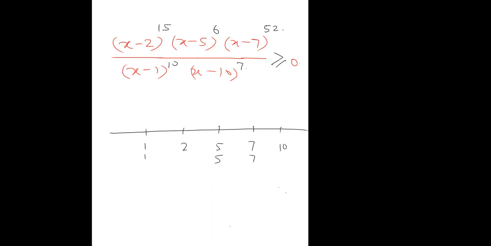Any number greater than 10 is positive, then negative, then negative, positive, then positive. We required positive, so this. Let me check open and close. Exactly at 2 this will be closed, at 5 closed, at 7 closed, and the other two values, 1 and 10, are open.